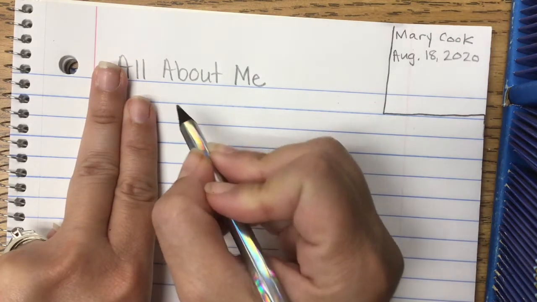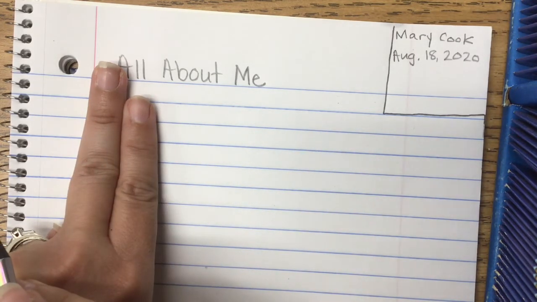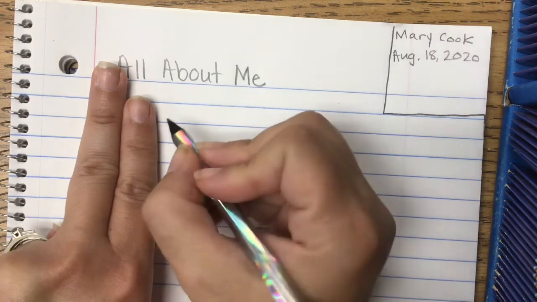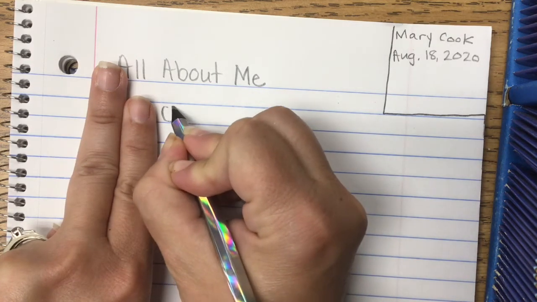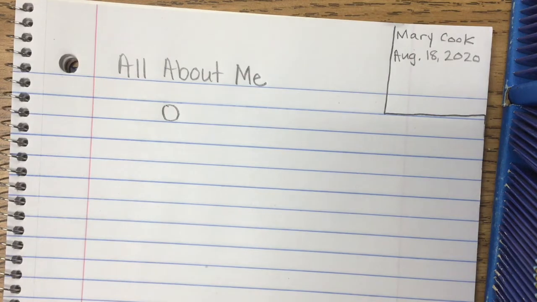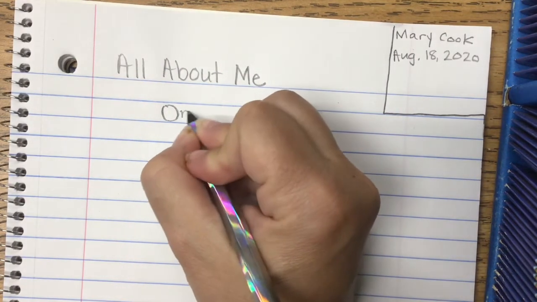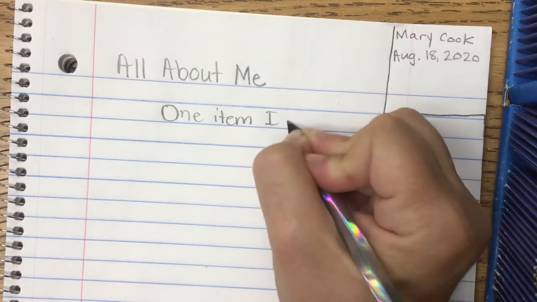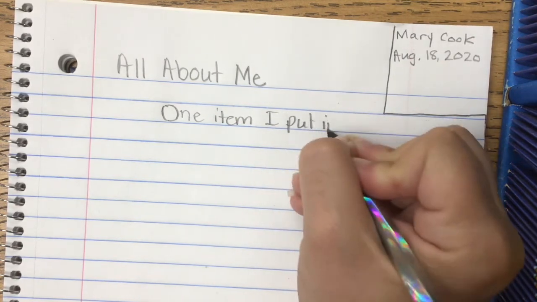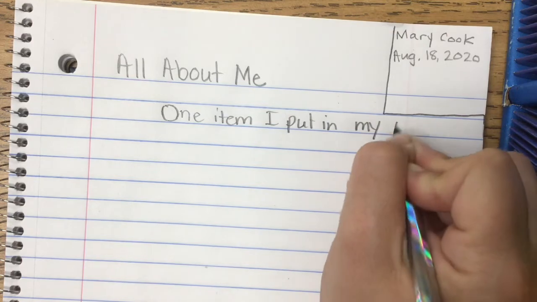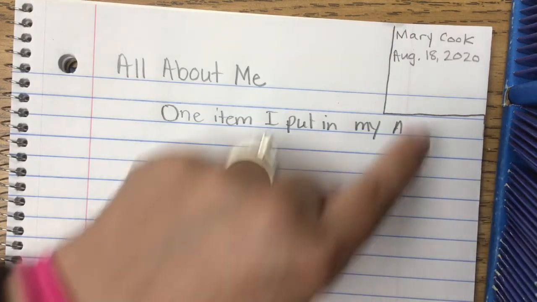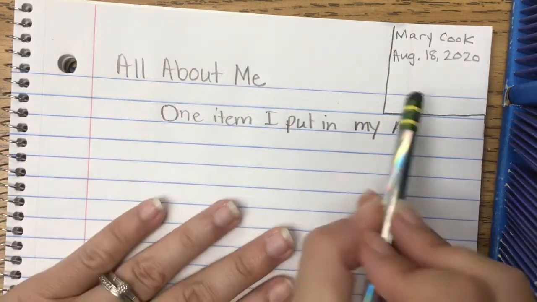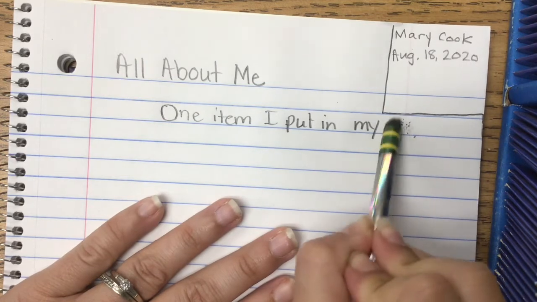So the first frame says, one item I put in my all about me bag is, well, I'm going to start by putting the O right there, and then I can take my fingers away. So one item I put in my, there's my margin. See the little pink line? We don't write into that margin there on the right.